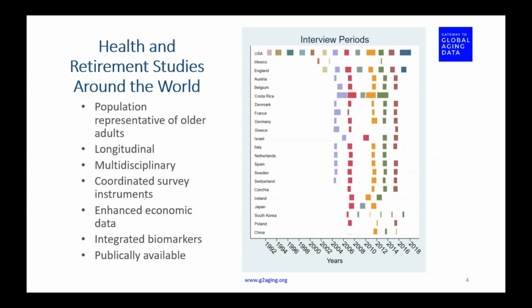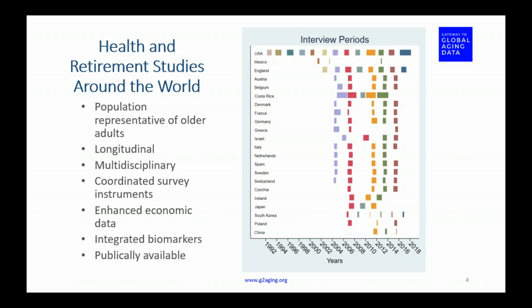They cover a lot of the topics that research has shown to be related to the process of aging, retirement decisions, and end of life. This network of surveys also has coordinated survey instruments. A lot of care is taken to make sure that the question that is asked in the Irish study is the same as the question that's asked in all the other studies. They're really designed to be comparable.